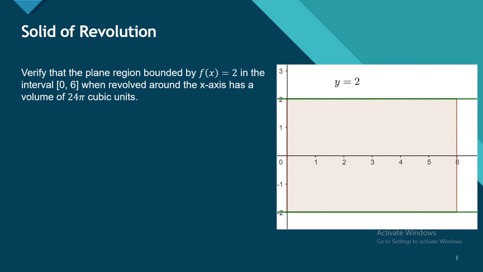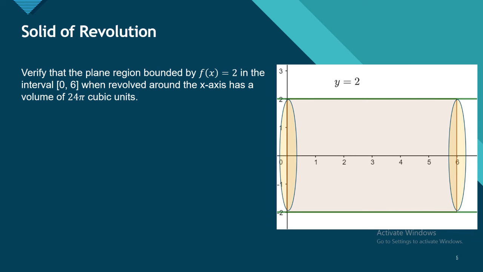Verify that the plane region bounded by f of x equals 2 in the interval 0 to 6, when revolved around the x-axis, has a volume of 24 times pi cubic units. When we revolve this plane region, the region above the x-axis, around the x-axis, you will form a cylinder.